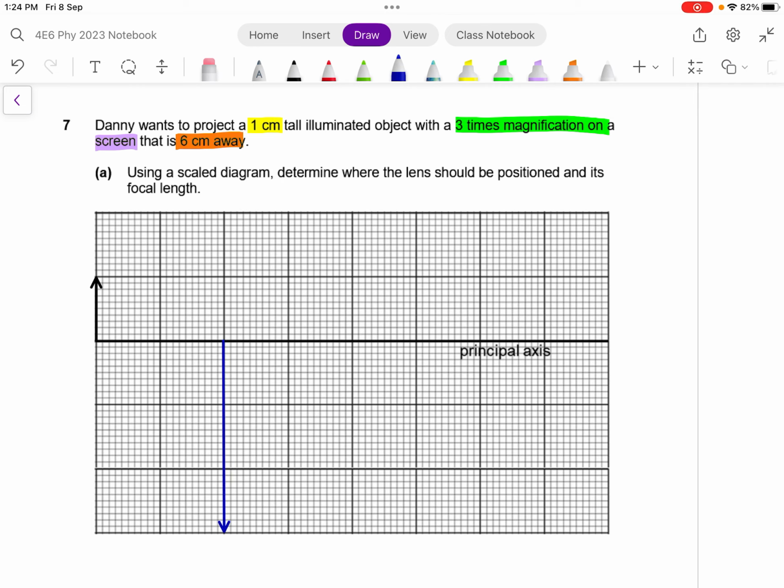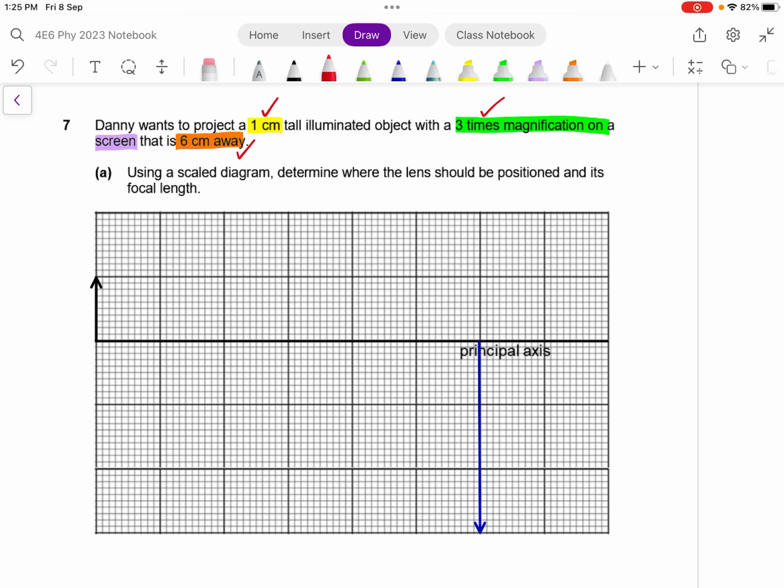Okay, and it is 6 cm away from the object. So 1 cm, 2 cm, 3 cm, 4 cm, 5 cm, 6 cm, 6 cm is here. So let me just put it. Okay, so I have gotten this criteria, and this criteria.